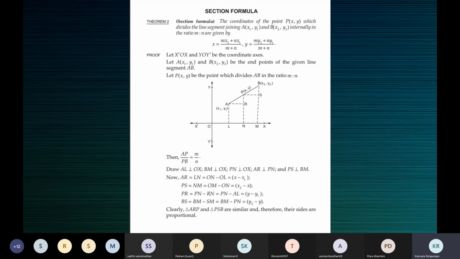So you see that there's another triangle whose each side is 3 times the sides of the original triangle, the first triangle. So we say that the second triangle is similar to the first one, or the first triangle is similar to the second one, because the second triangle is an enlarged version of the first triangle, or the first triangle is a diminished version of the second triangle.